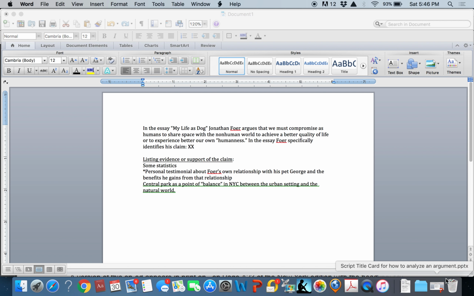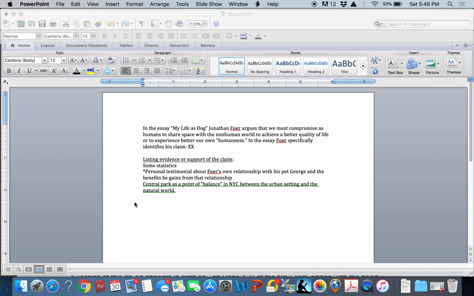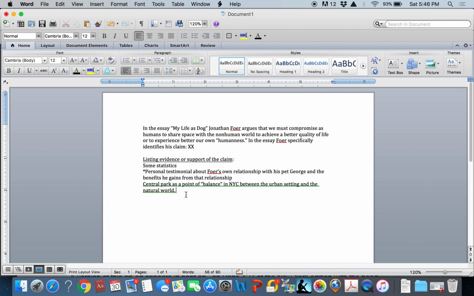Going back to these questions, we looked at this idea of support, and then we have to look at counter arguments. Now remember that in an argument, Four will have his position. Four's position is to balance or compromise between humans and non-humans and share the space.